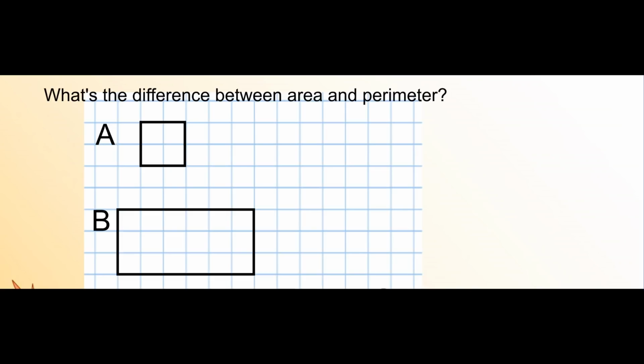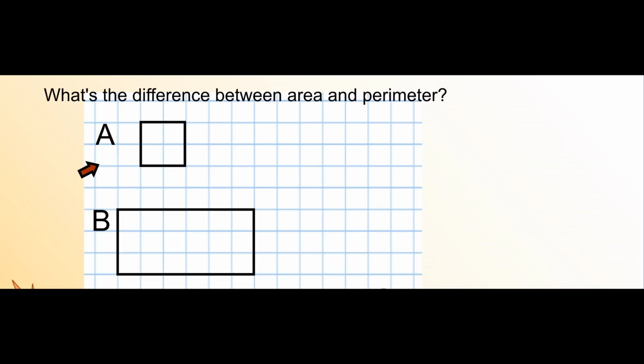So what's the difference between area and perimeter? Well, perimeter is the length around the boundary of the shape. And area is the amount of surface inside the closed boundary.